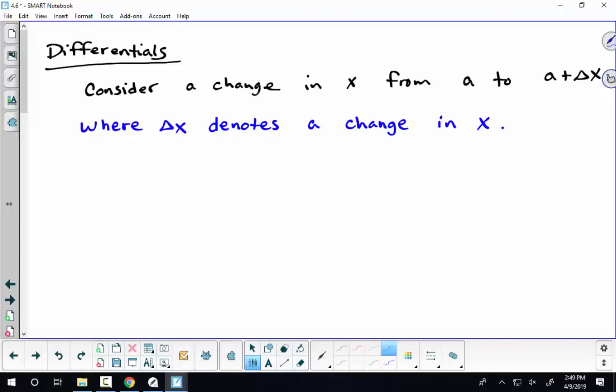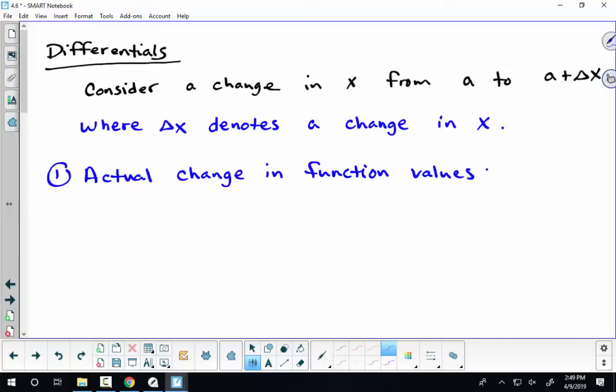We're going to look at two things here. One of them will be the differential, and the other one will not. The first thing we're going to look at is the actual change in function values, which we're going to call delta y.